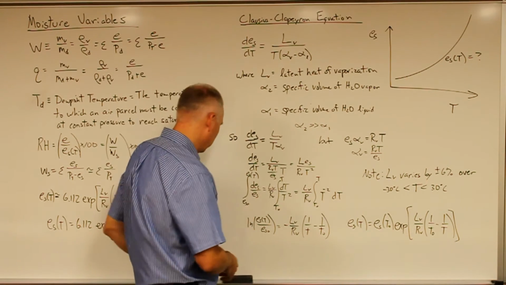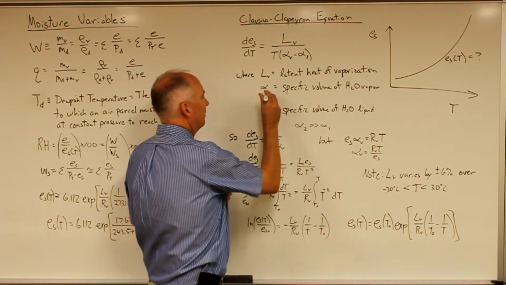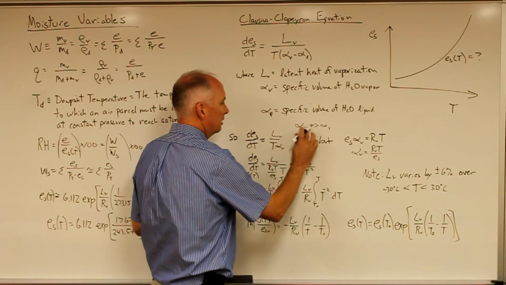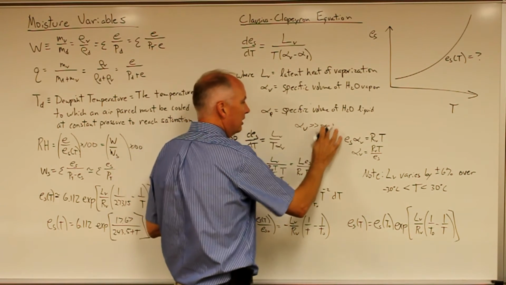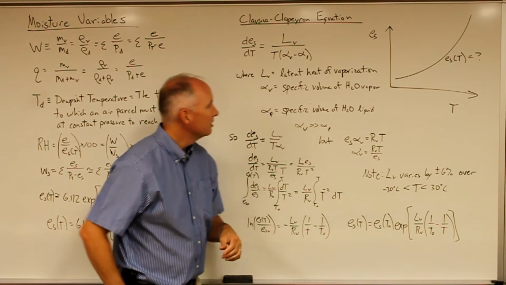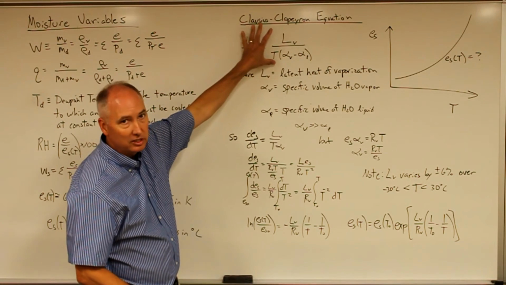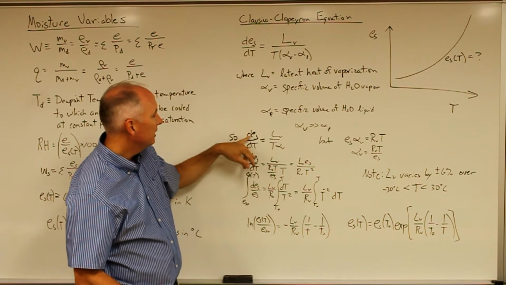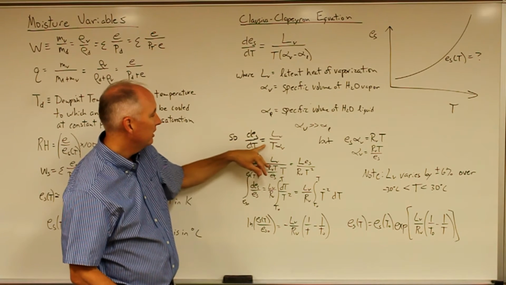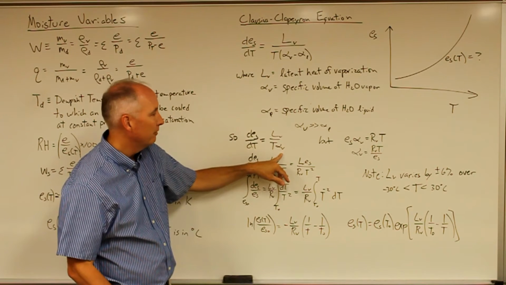So in this case, we have the specific volume of the vapor and the liquid, and the specific volume of the vapor is much, much greater than the specific volume of the liquid. This allows us to make an assumption and simplify the Clausius-Clapeyron equation to dE_s/dT equal to the latent heat of vaporization over T times alpha_v.